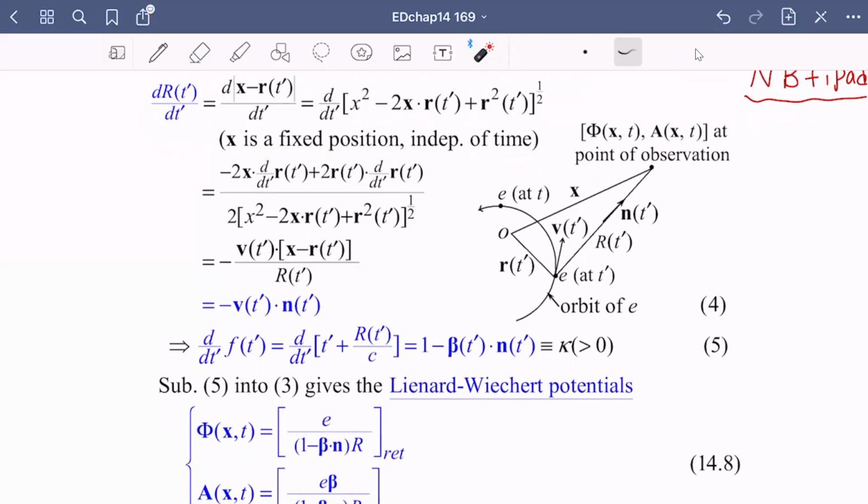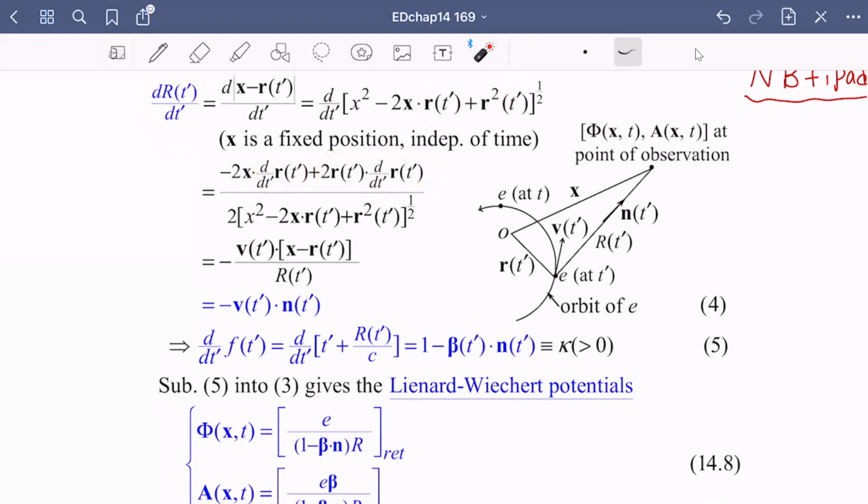So this one differentiates with t prime. No contribution here and no contribution here. This one will give us beta. And this one will give us 2R dot dr dt prime, comes from here, comes to here, okay?